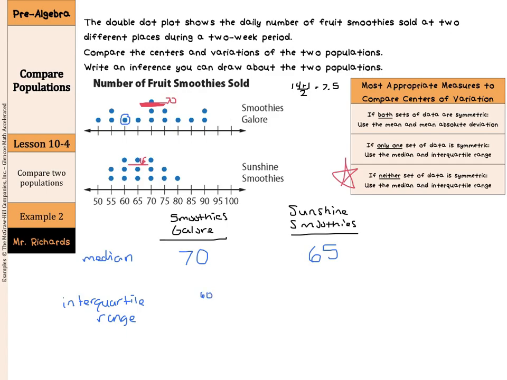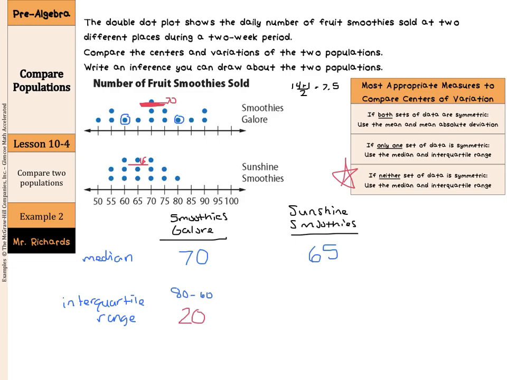What about the upper? Well, again, I have 7 terms. It's going to be the 4th term, so 1, 2, 3, 4. So this term right here, which is 80. So 80 minus 60 is going to get my interquartile range for Smoothies Galore, which is 20.